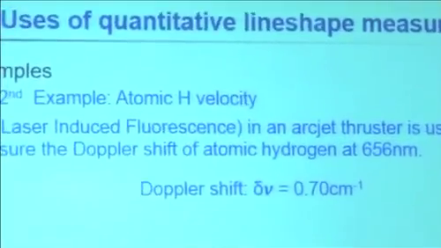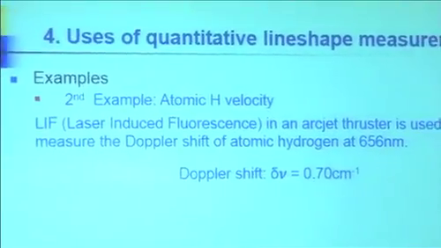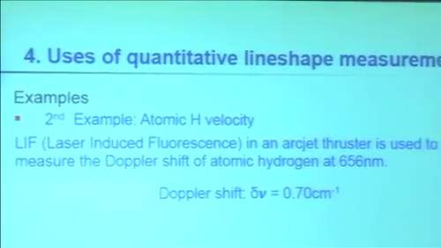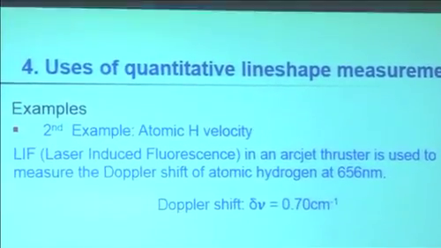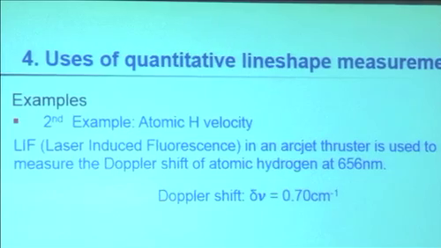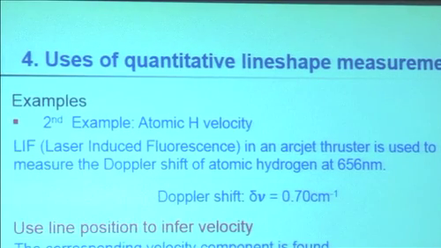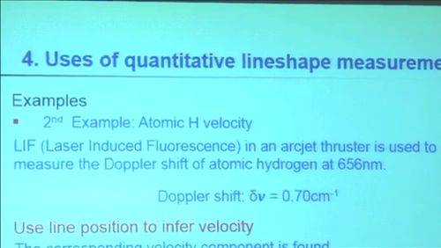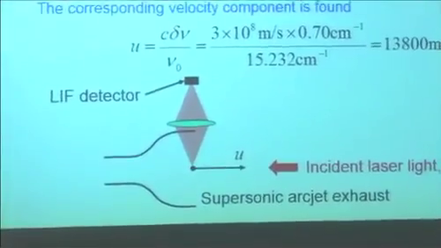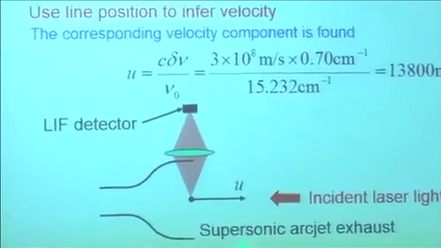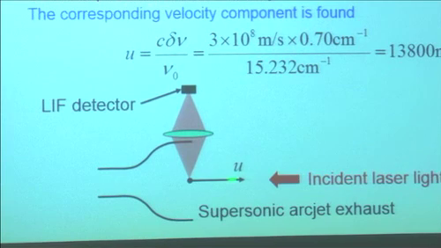I had a student who was studying ArcJet, which is an electric propulsion device. And he used this idea to measure the velocity of hydrogen. I wonder if I have a sketch. Here's the sketch. He had an electrically heated hydrogen tunnel expanded out, and the question is, what's the velocity coming out?